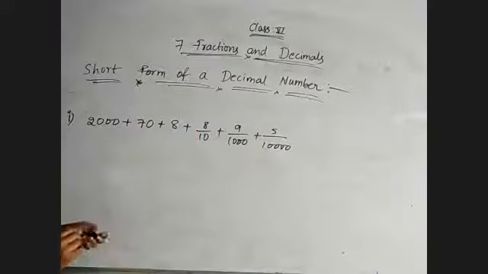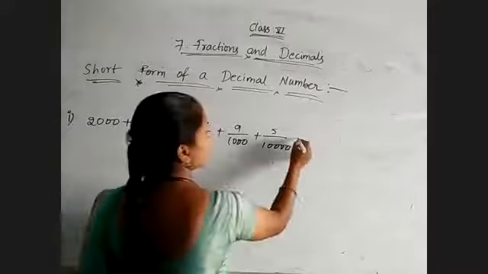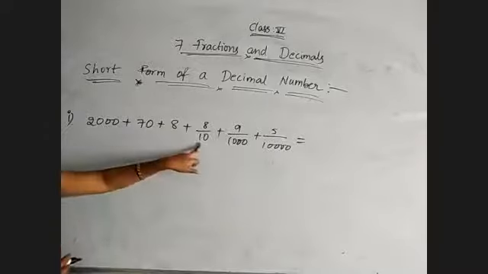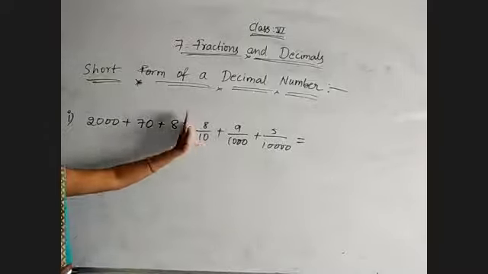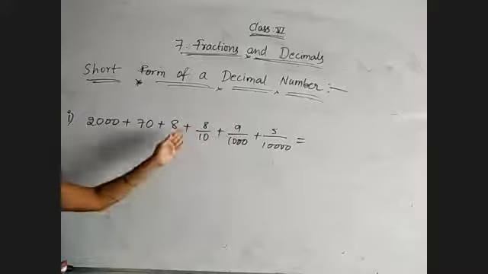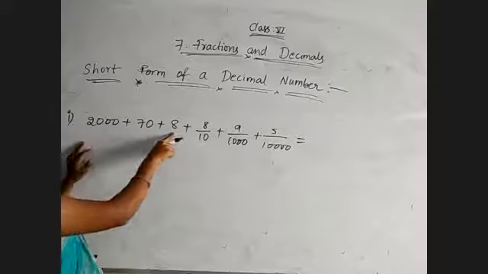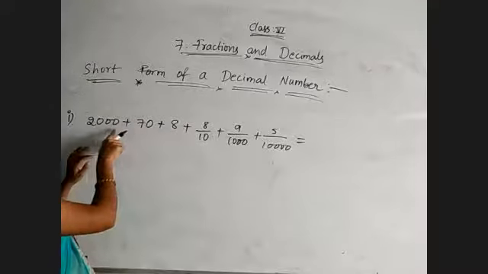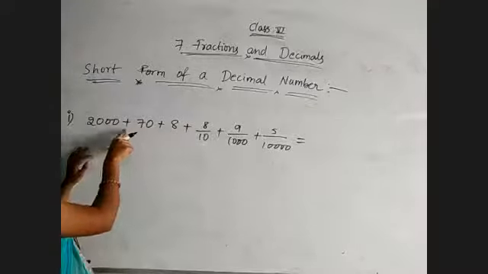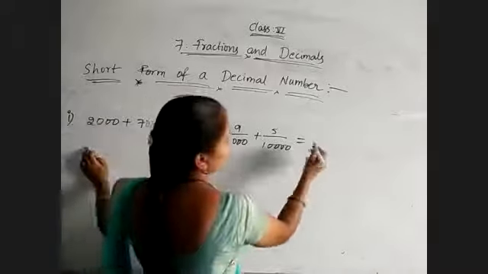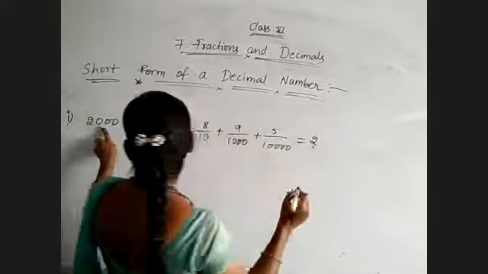Now I want to write its short form. First of all, before the point, that means the whole number part, it is very clear. Tens onwards it is starting the decimal 8. So before that, all are in the whole number part only. 8 is in ones place, tens place, hundreds place is missing, means 0. Thousands place is 2, so 2 is in thousands place, 2000.